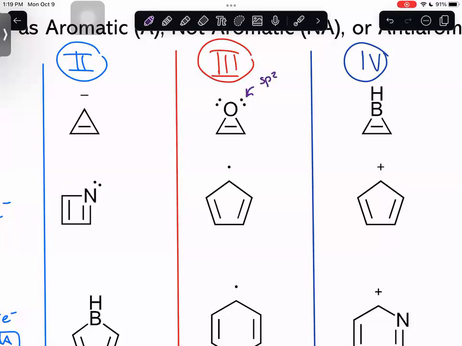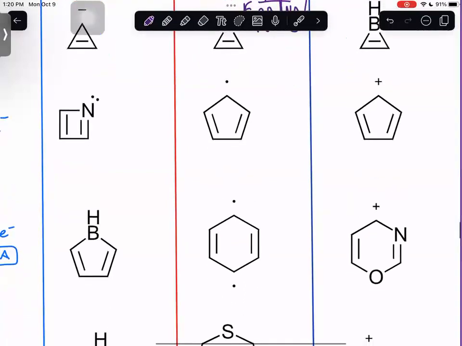This one, because it can choose to be non-planar. Remember, rings with 8 or more carbons can choose. In this case, we have 8 pi electrons, but these two are lone pairs. So you said that 8 pi electrons or more can switch their configuration if there's a heteroatom?